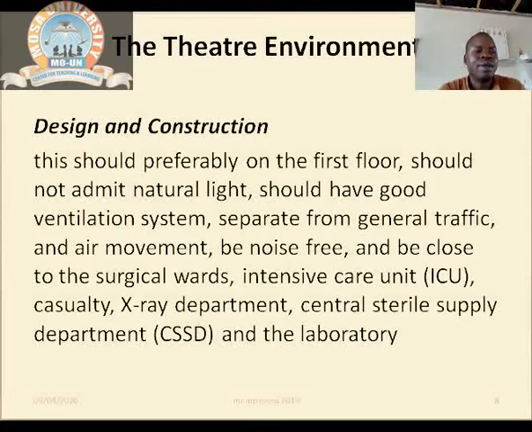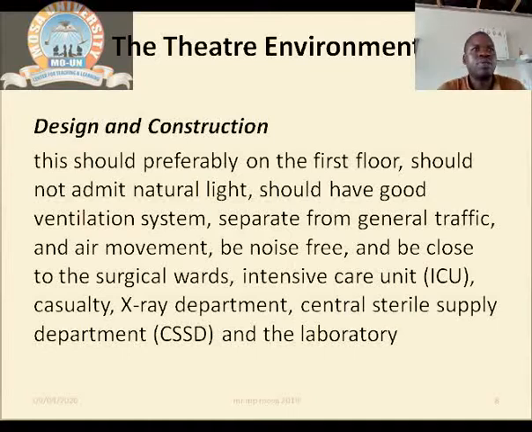Noise can distract the attention of the surgical team, including the patient, while undergoing the operation. We've also mentioned that theater has to be close to the surgical wards, intensive care unit, and these other departments because after an operation, if the patient needs intensive nursing care, the intensive care unit has to be close to theater.